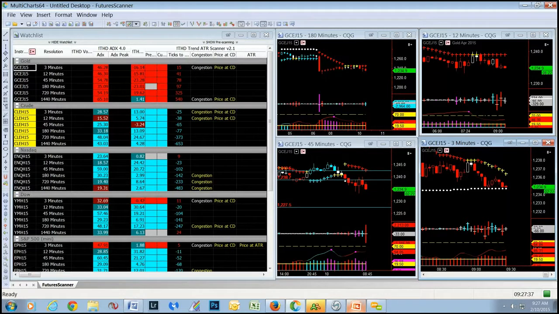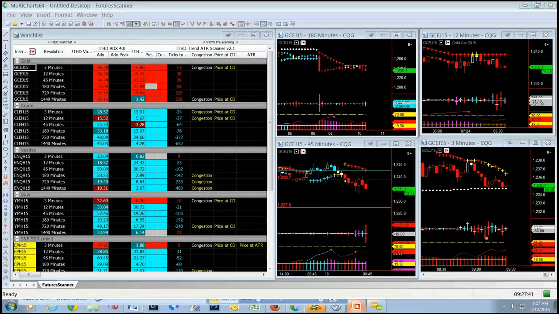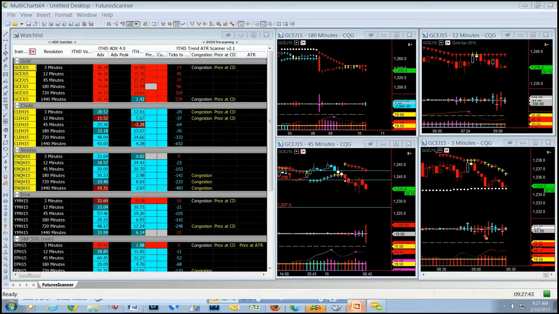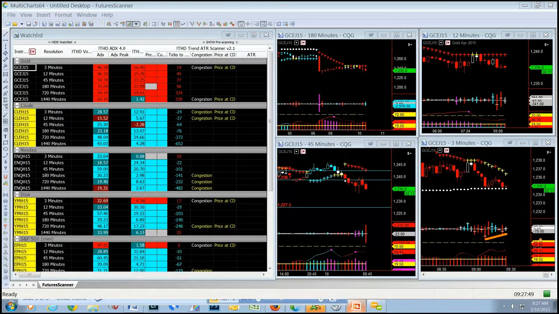Yeah, you've had volume divergence between here and here, it's a double bottom. It's right here. They should go back up and test for buyers again.